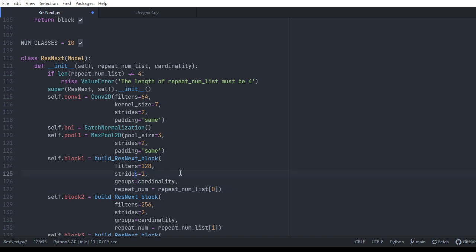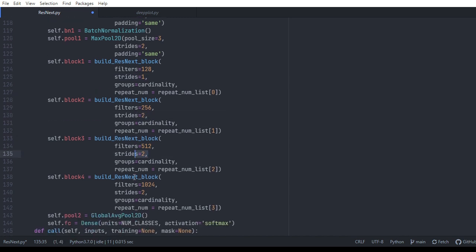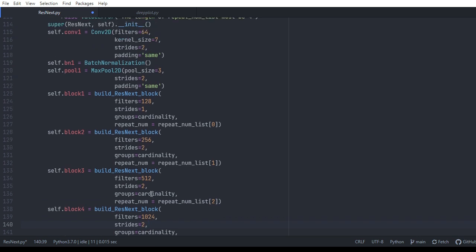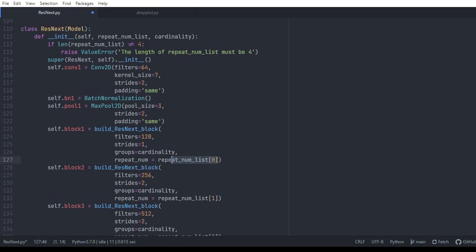For the subsequent stages, the stride will be 2 2 2, and this is one of the cases that we also saw with Resnet. So we see that ResNext is so much similar to Resnet, and the only differing factor here is the cardinality dimension, which has really been emphasized in this architecture.